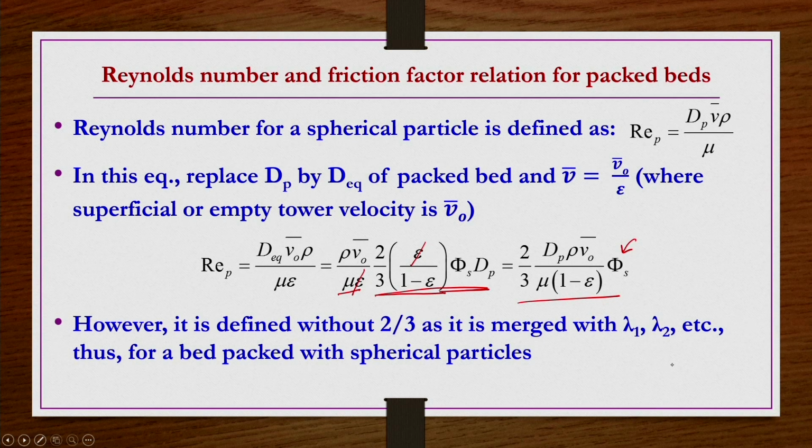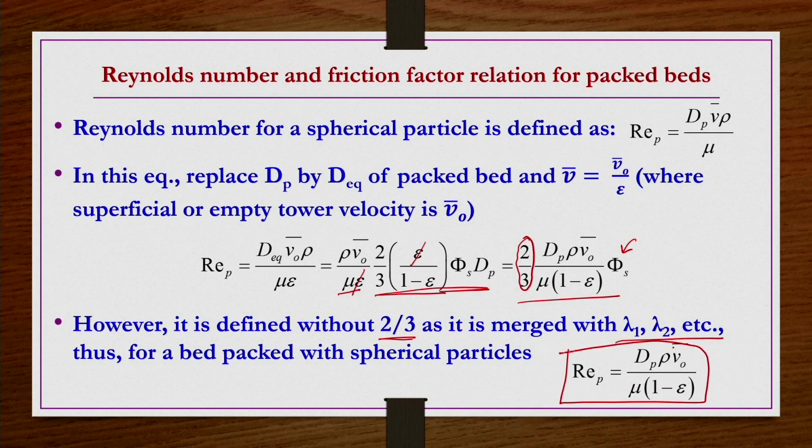Then this 2 by 3 we in general do not include, because it is in general merged with the constants lambda 1, lambda 2, etc. So, without taking the 2 by 3 constant, and assuming that particles are spherical, the Reynolds number is dP rho V naught bar by mu times 1 minus epsilon. This is the Reynolds number for a packed bed packed with spherical particles.